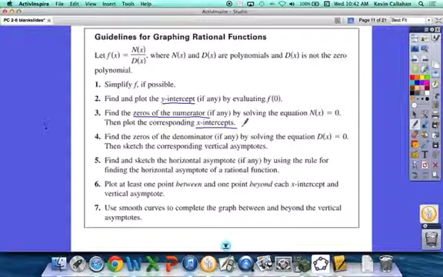They're the zeros of the function. Okay, find the zeros of the denominator, because what do they tell us again? The zeros of the denominator are vertical asymptotes. Okay, find and sketch the horizontal asymptote using our rules.